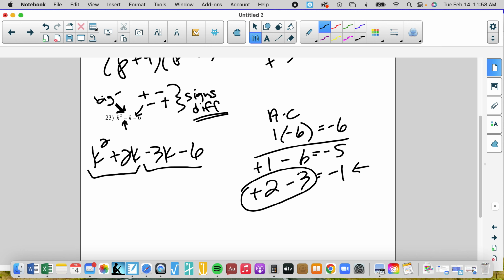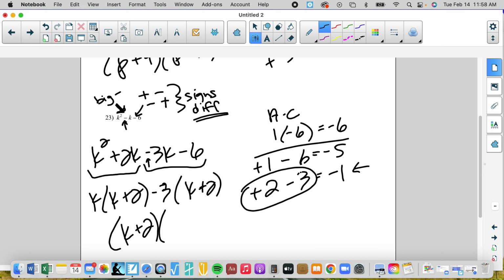We're still going to pair them up. Factor out a k. You get k plus 2. First term is negative, so I'm going to factor out a negative 3. And I get k plus 2. K plus 2, k minus 3.